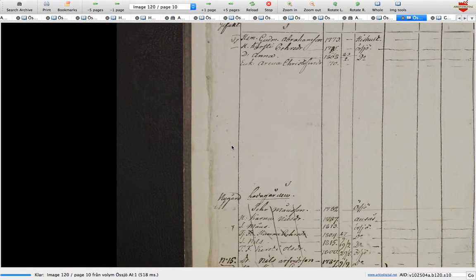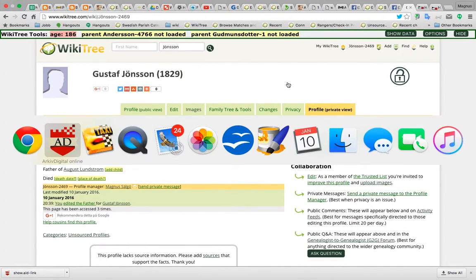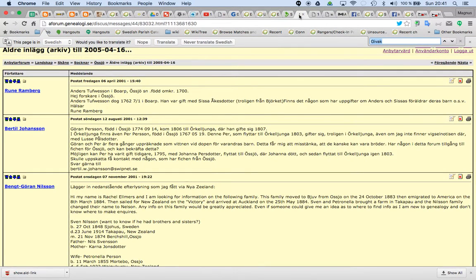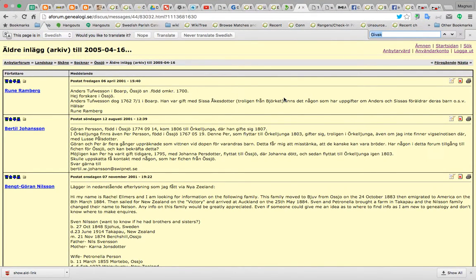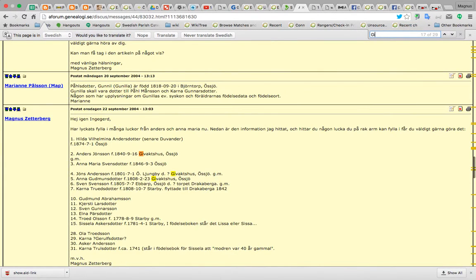I think this is the oldest book also. A1, yes. And what did they speak about on Anbytarforum then? Anders Jönsson born 1840. 1801. Gudmund Abrahamsson. So here is your related person, number 10.